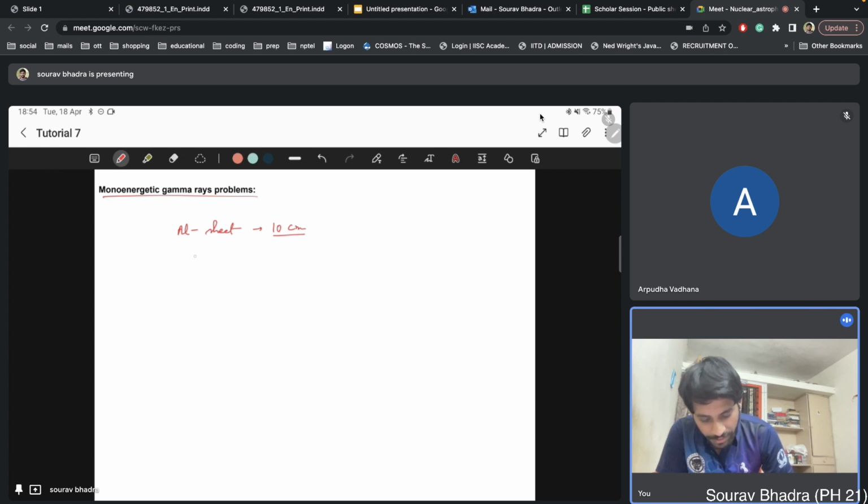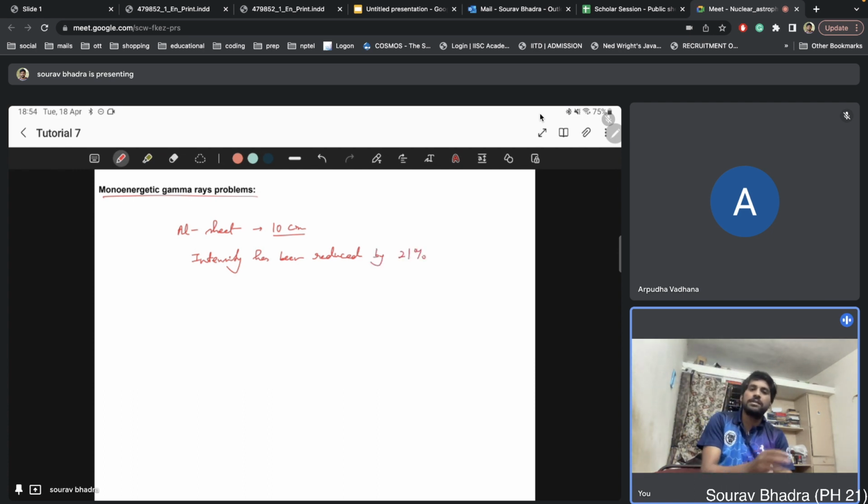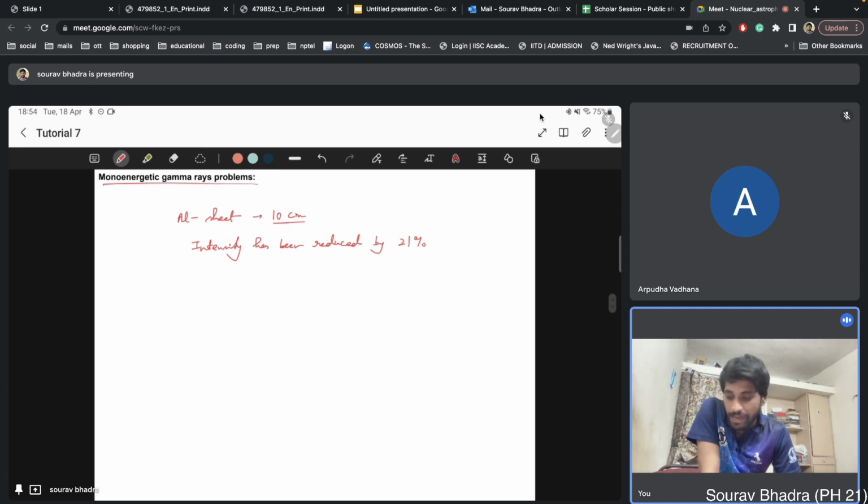So intensity has been reduced by 21%. That means 21% of gamma rays have been absorbed by the backing material of aluminum. From there we can calculate the linear and mass absorption coefficients, which are the properties of the aluminum itself.